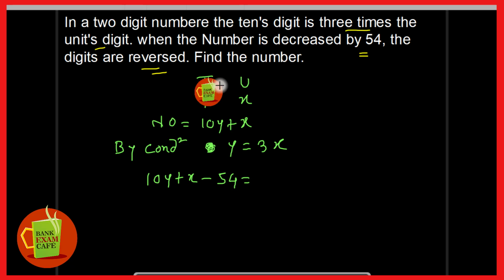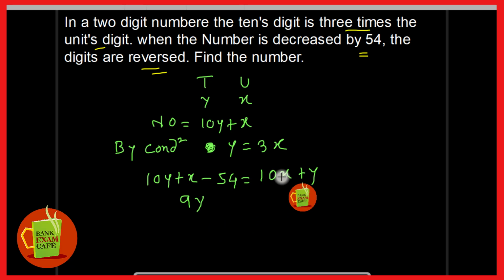The digits get reversed, means the unit place digit will become tens place digit and tens place digit will become unit place digit, and therefore that reversed number will be 10x plus y. Now solve this equation. So if you take y to this side, it will become minus y. So 10y minus y, that will be 9y.